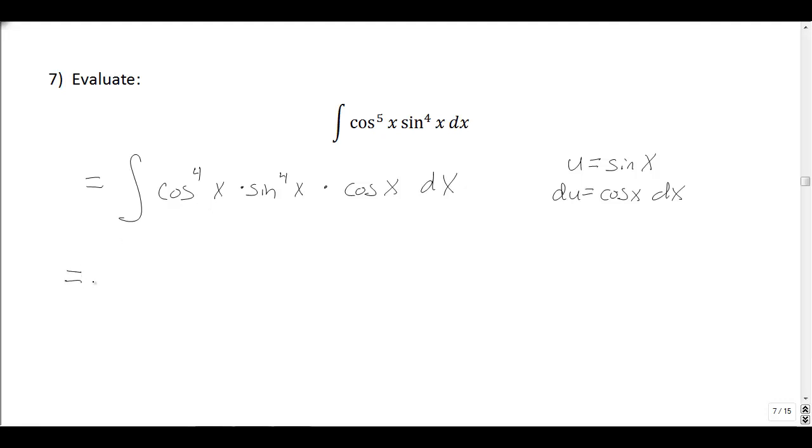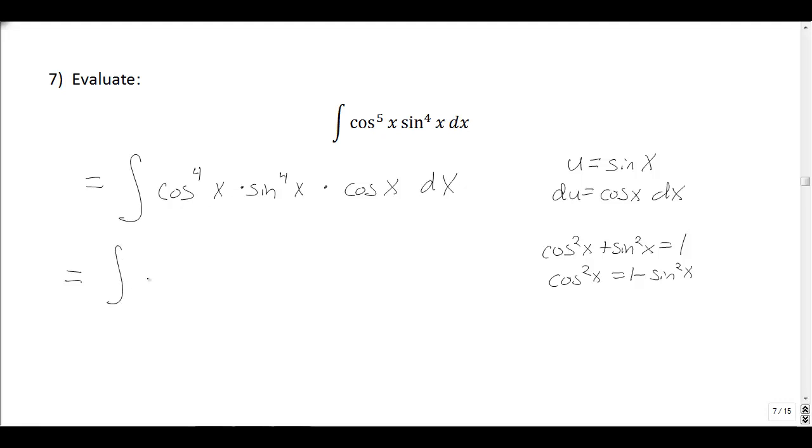What I'm going to manipulate there is I know that cosine squared x plus sine squared x is 1, the Pythagorean identity. And so cosine squared x is 1 minus sine squared x. So I can get even powers of cosines by taking this to a higher power here, and I can convert cosine to an even power of x into sines.